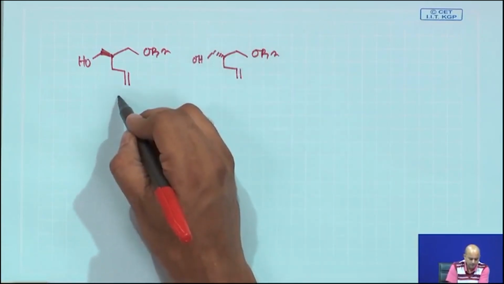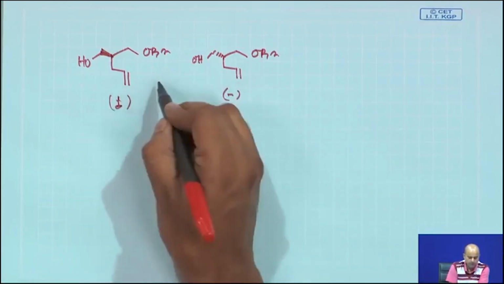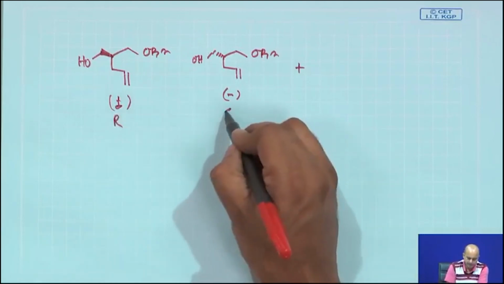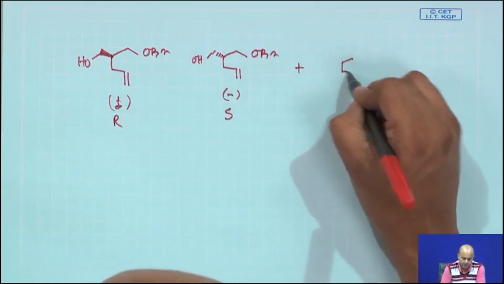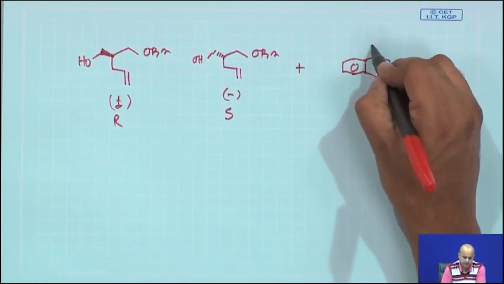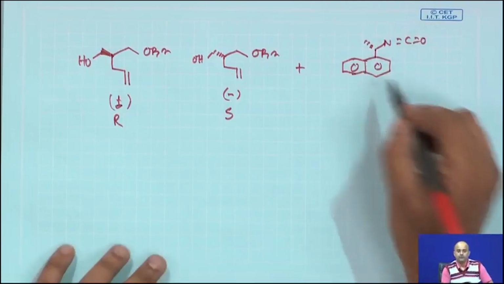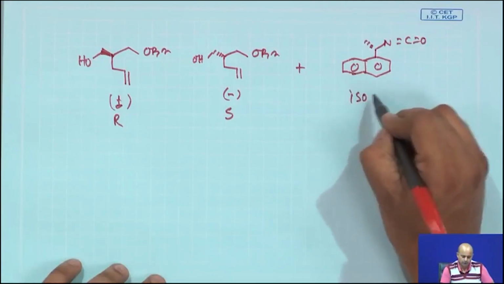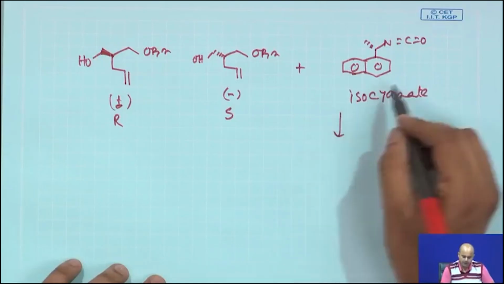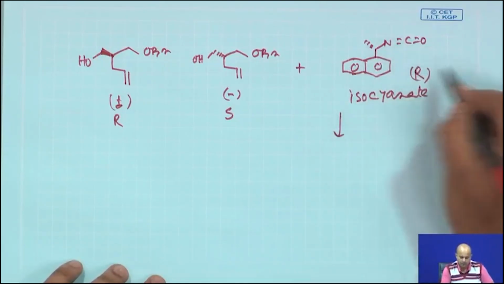So you have this plus, and this is minus, two enantiomers, or you can say R and S. Now this compound is next reacted with a chiral derivatizing agent, which is a chiral isocyanate. In a similar way, this isocyanate is chiral, so let us say it has an R absolute configuration.